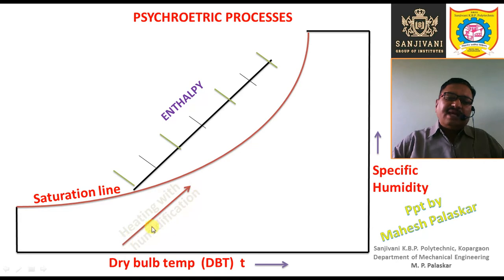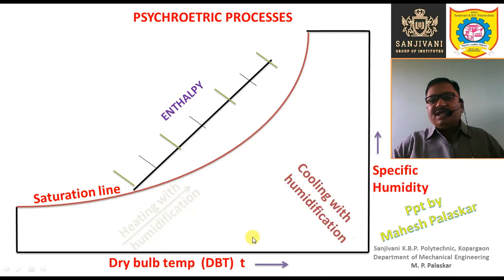This arrow is pointing in the upward direction as well as in the right direction. It is an inclined arrow. It is going upwards but not vertically upwards, and it is going towards the right but not horizontally towards the right. So this process, heating and humidification, will be represented by an inclined arrow like this.